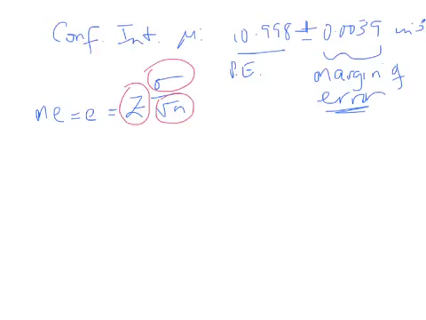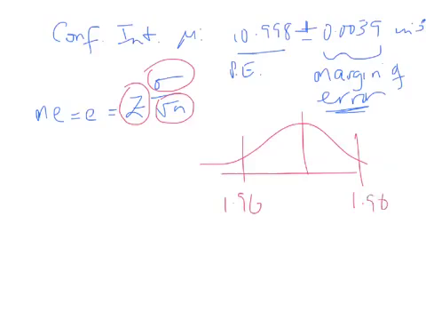If we reduce the value of Z, we could certainly reduce the margin of error, but look at our confidence level. What happens to it? When Z is smaller, the confidence level drops. It shouldn't be too hard to see. If this is 1.96, then we know this is 95%.